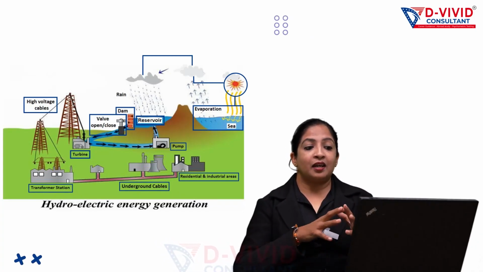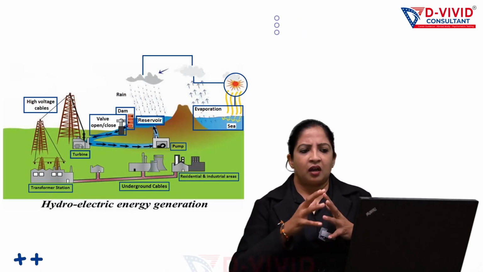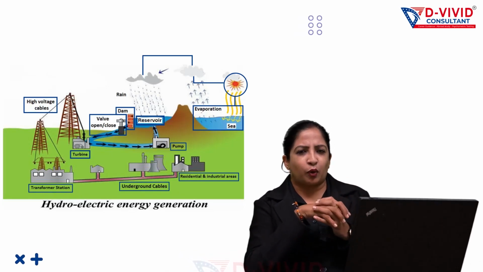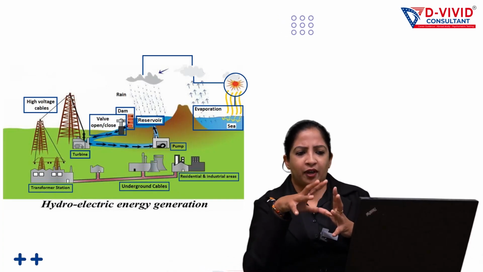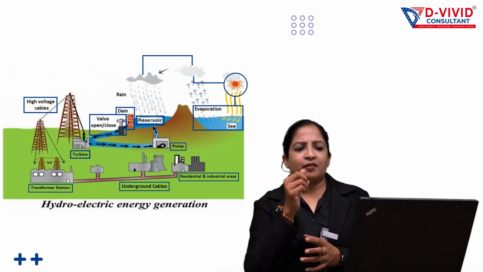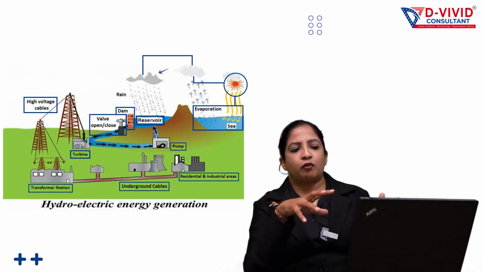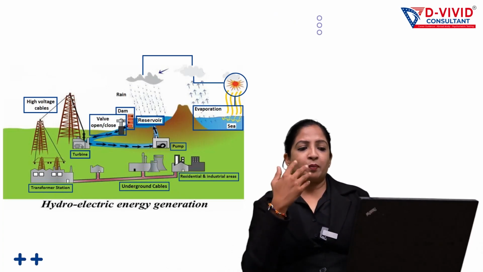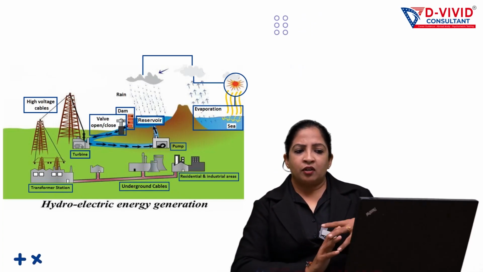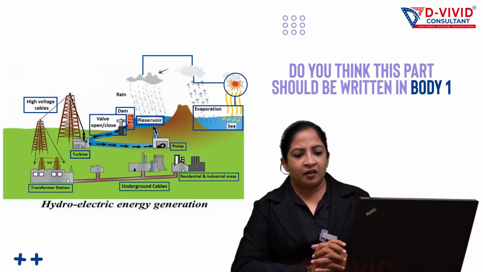Now let us think about body 1 and body 2. How can we construct body 1 and body 2? Do you think that from the point where the water gets evaporated, then the rain falls, the water gets collected, the valve opens, the water rotates the turbine, and the water is pumped back into the reservoir, this part should be written in body 1?